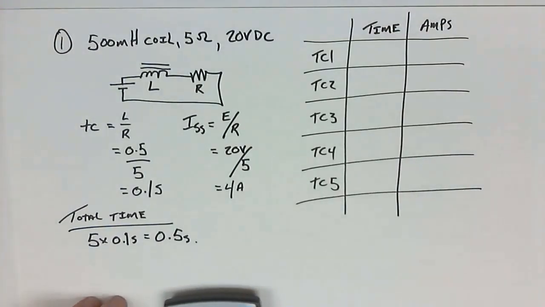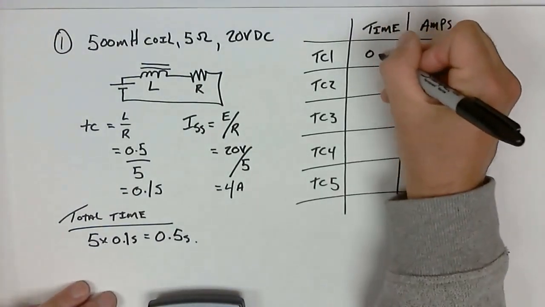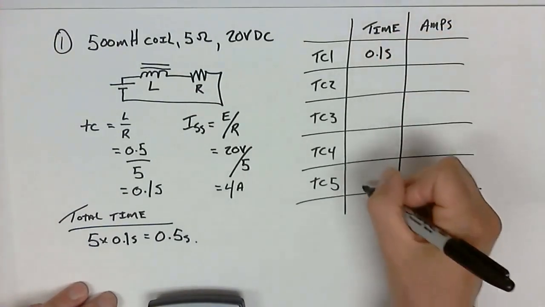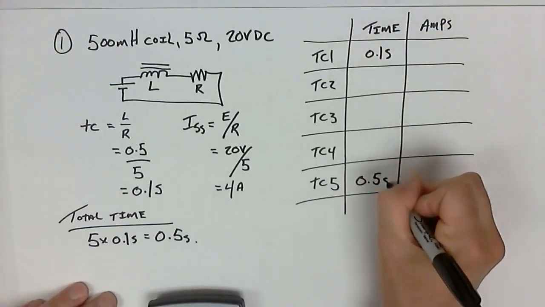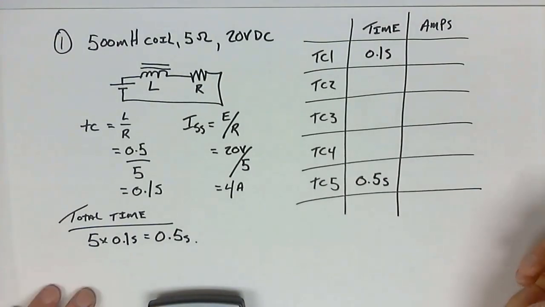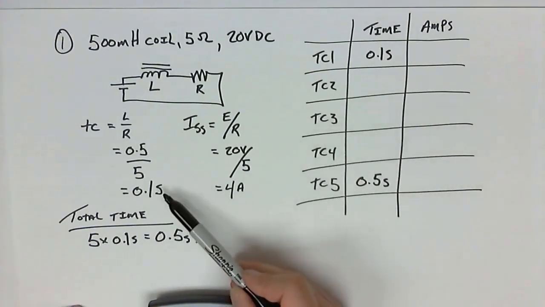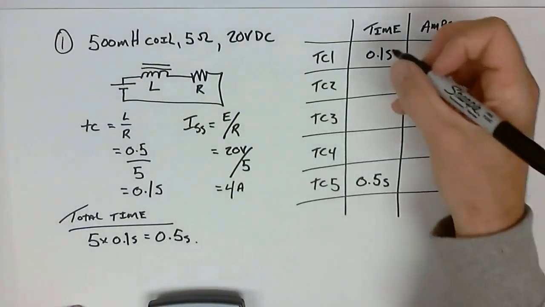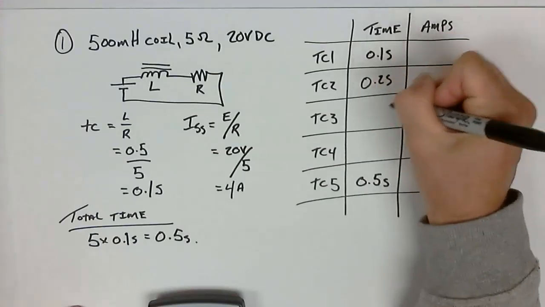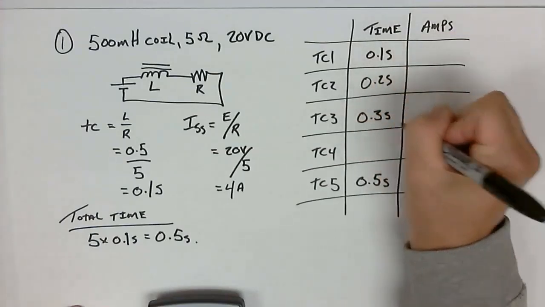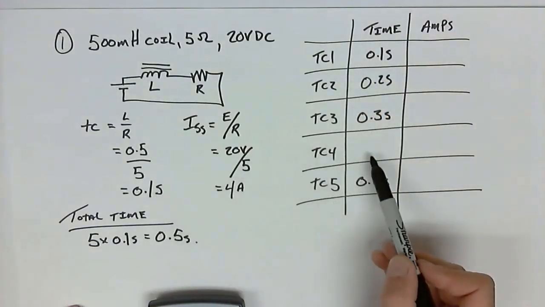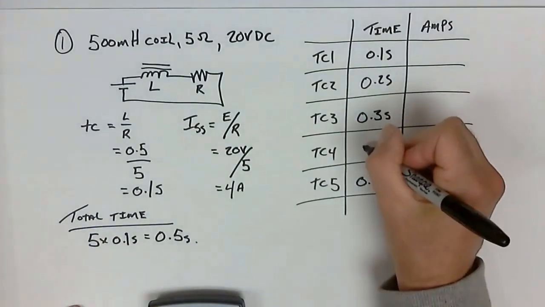So first, let's just deal with the time. We know this is 0.1 seconds. This is 0.5 seconds, and the math is quite easy because 0.1 times 2 is 0.2 seconds. 0.3 seconds. Oh, wait, I can even do this one without a calculator. 0.4.